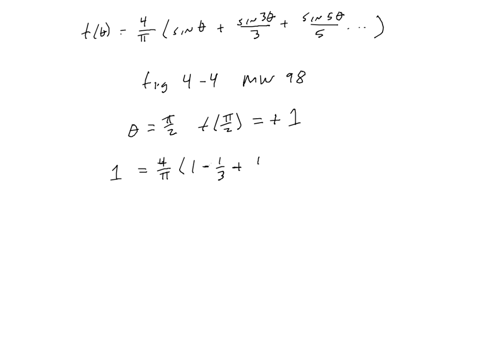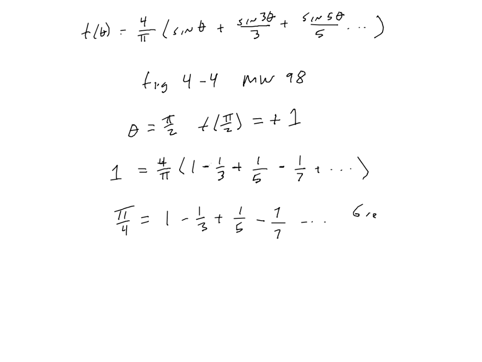And then 5 pi over 2 is plus 1/5, and you have minus 1/7, etc. Well, let's multiply this through, and we get that pi over 4 is equal to 1 minus 1/3 plus 1/5 minus 1/7, etc.